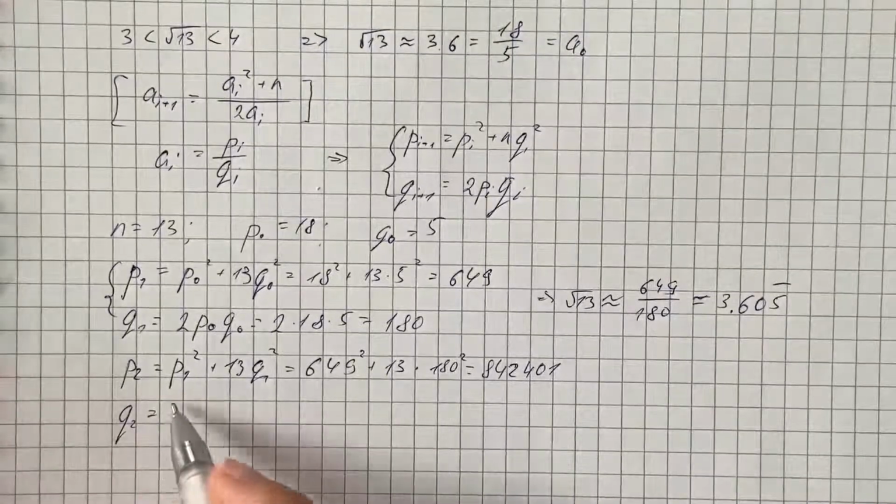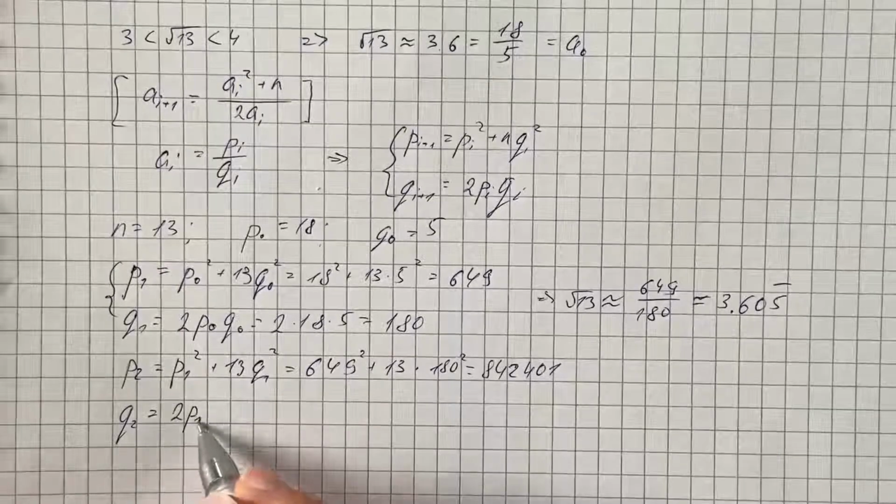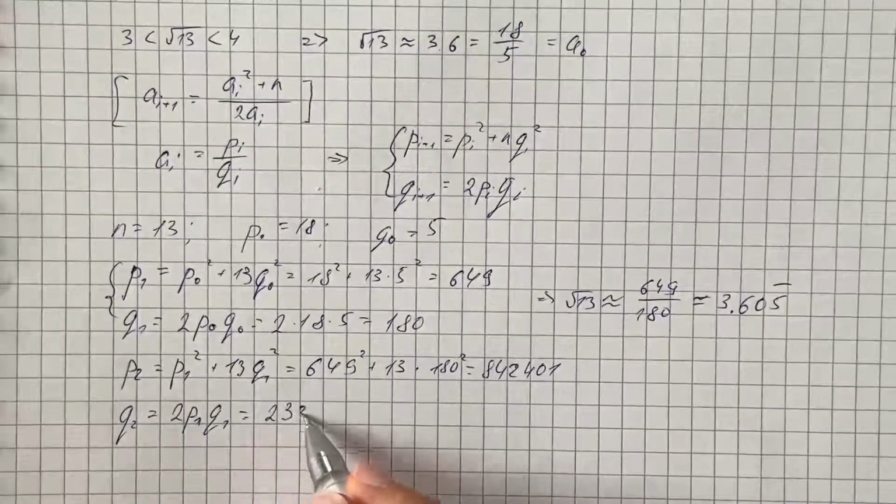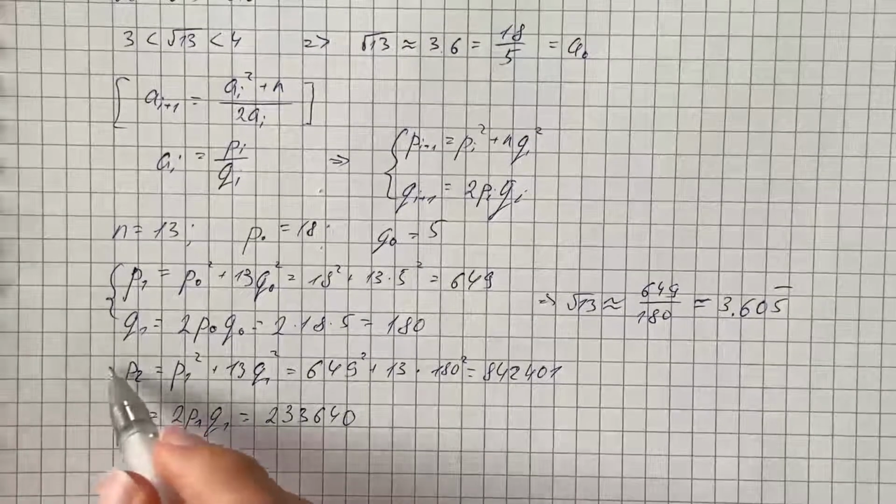So q2, that's 2 p1 q1, and that equals 233,640.